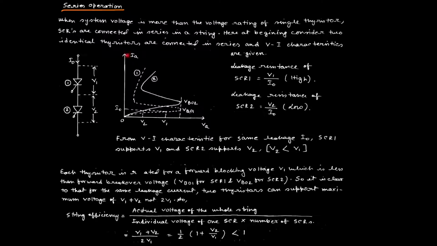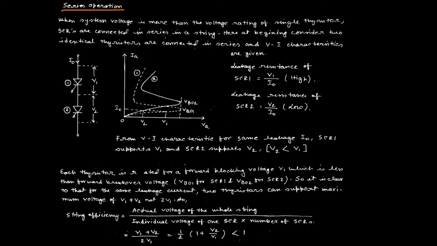That means we can draw the VI characteristics of both cases. For SCR1, the breakover voltage is VBO1, and for SCR2, the breakover voltage is VBO2. For SCR1, the leakage resistance is V1 by I0, and for SCR2, the leakage resistance is V2 by I0.